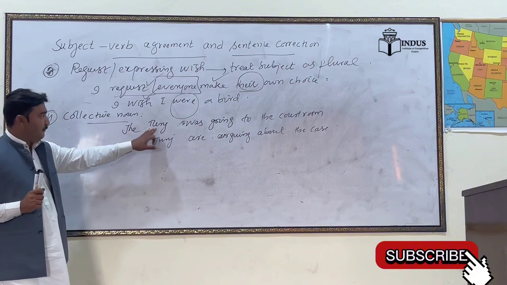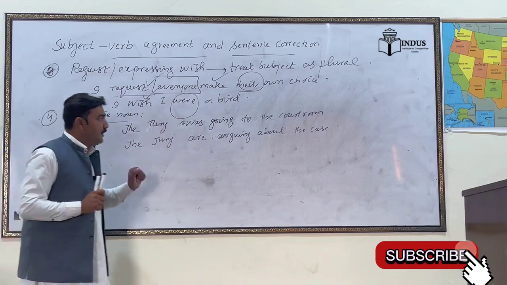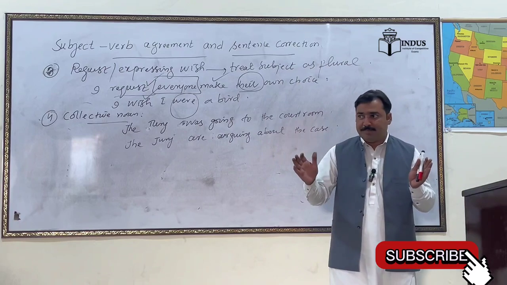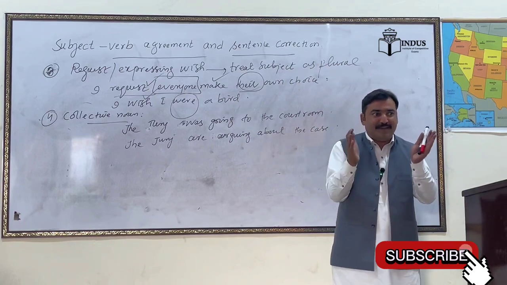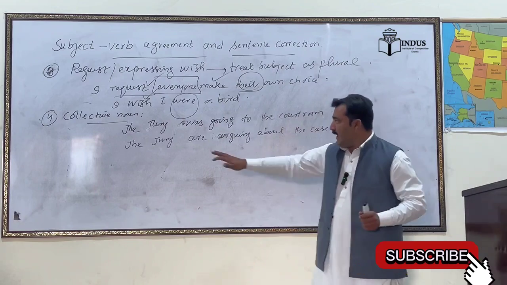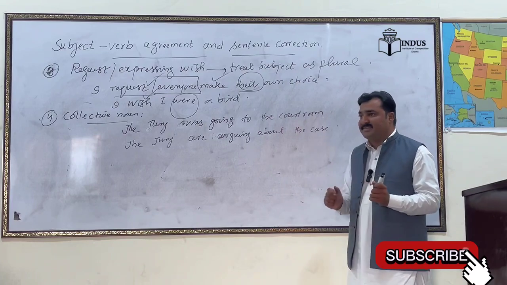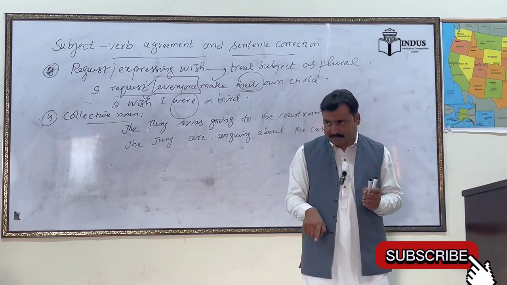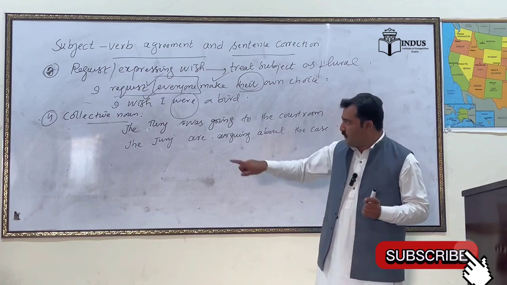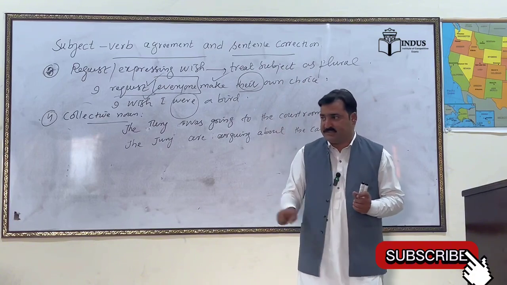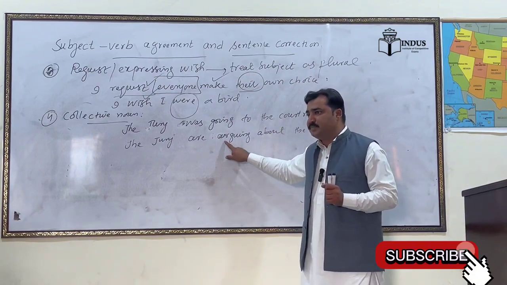In the first one, the jury was going to the courtroom. Here we are treating the jury as a body of people collectively. And in the second case, the jury are arguing about the case. I am talking about the members of the jury. Got it? So, if you are talking about the members, about the individuals, treat the subject as plural.